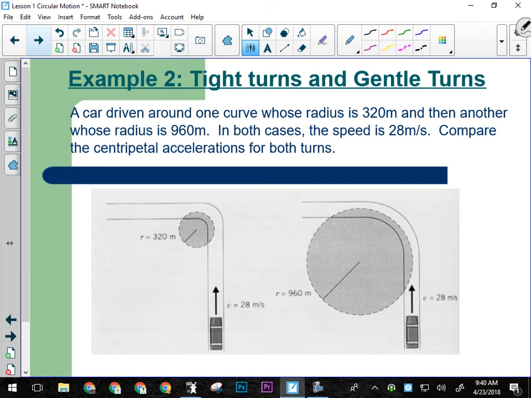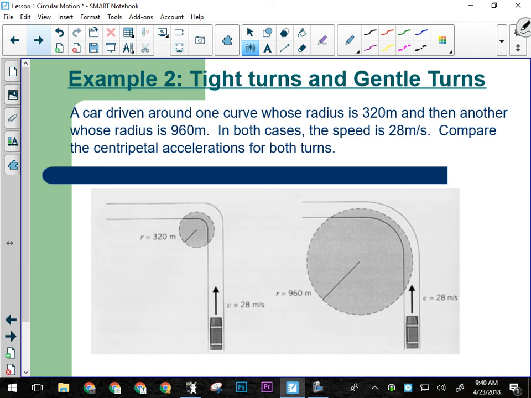If I take this same much wider corner, in fact 3 times wider, at the same speed, my passengers will feel a lot more comfortable in the car because there'll be less centripetal acceleration. Everybody all right with that?